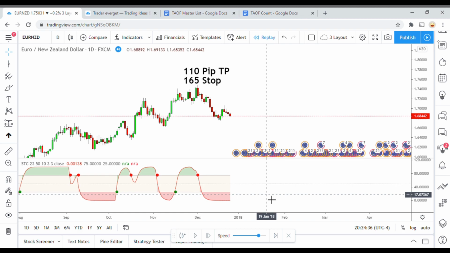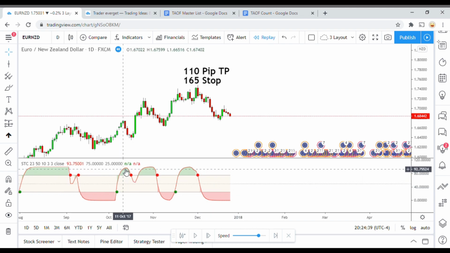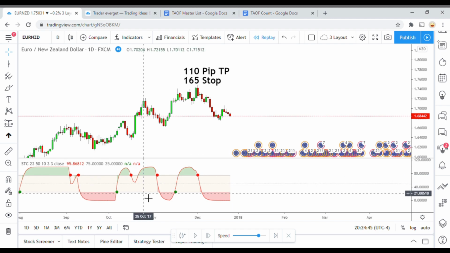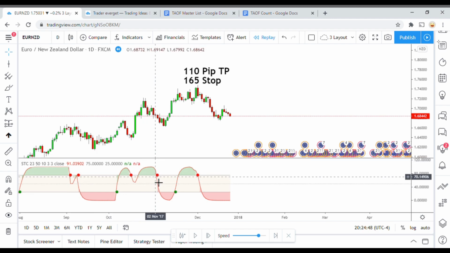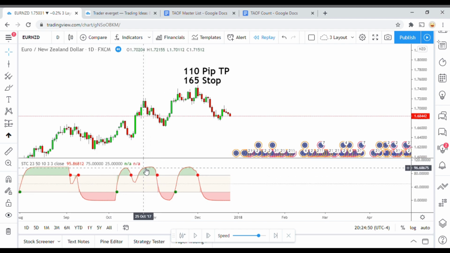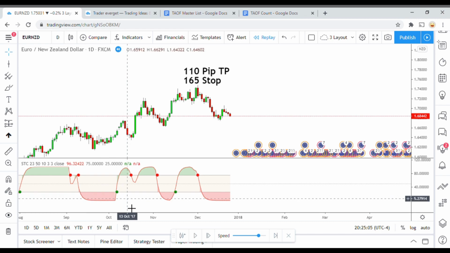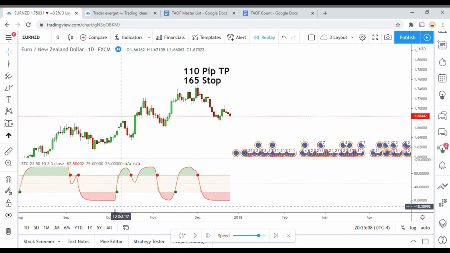And so basically you have these areas here that are colored in light blue, greenish, gray, whatever color you want to call it, here at the top. And these are basically areas of, you could call it, overbought, and down at the bottom oversold.